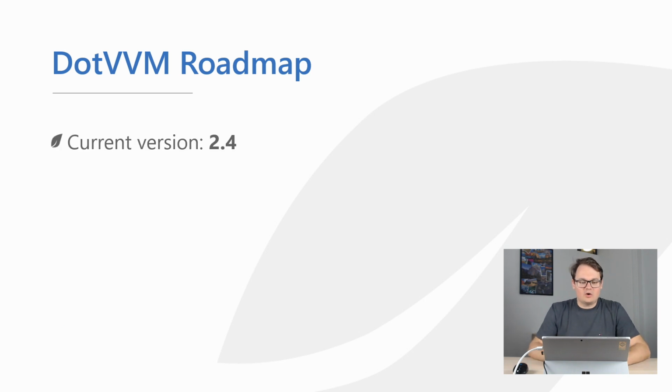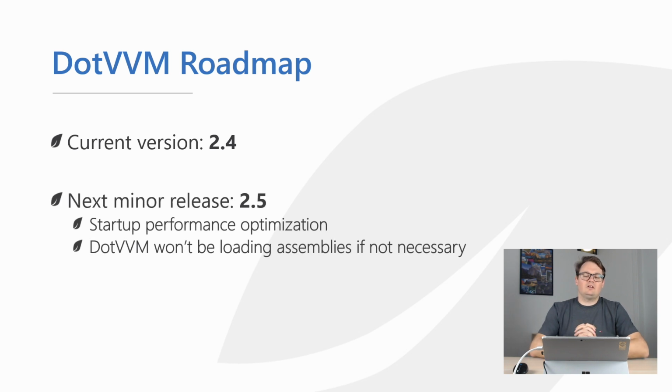Okay, so right now the current stable version of DotVVM is 2.4, exactly 2.4.0.1, because there was one little tiny fix, and we have some previews coming, so there will be a few minor releases of 2.4, a few revisions. And the next minor release which is coming is probably 2.5.